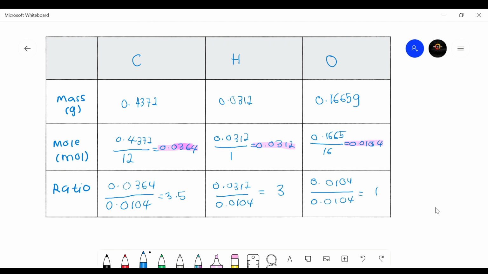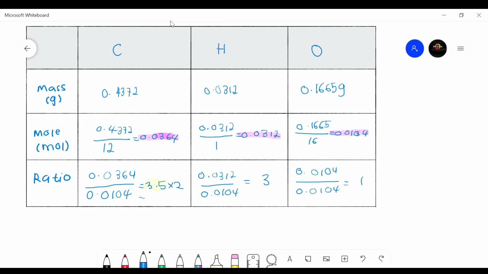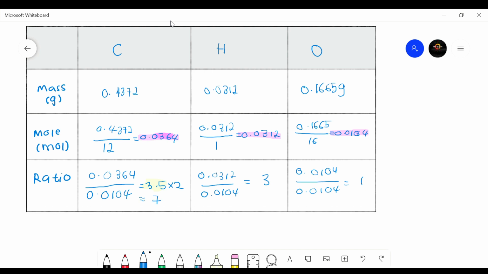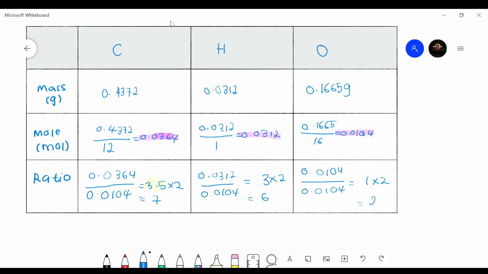As we can see here, 3.5 cannot be rounded off. So what are we going to do? We need to multiply it with something so that it becomes a whole number. In this case, we multiply it with 2, and we will get 7. Because this part has been multiplied with 2, all of these need to be multiplied with 2, so we'll get 6 and 2.